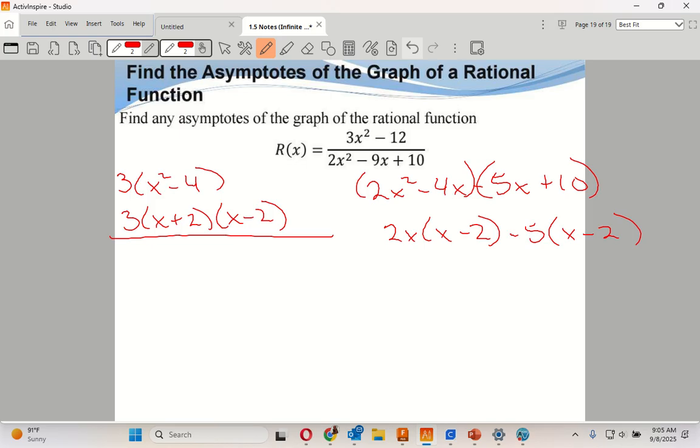So we get, the denominator should be x minus 2, not x, 2x minus 5. So you had to go through and factor it in the first place.